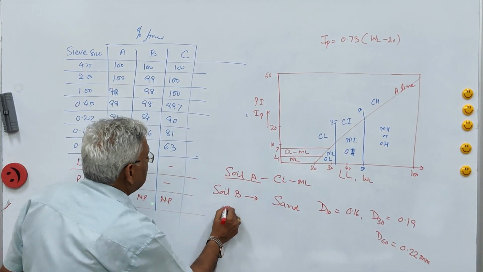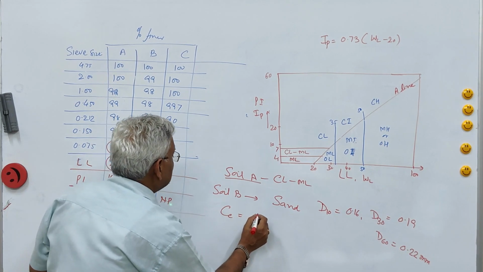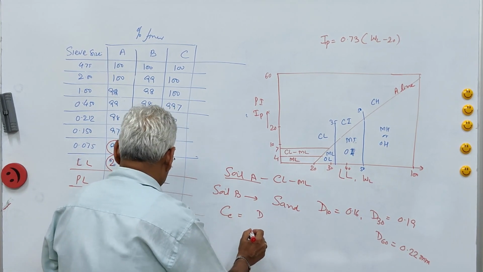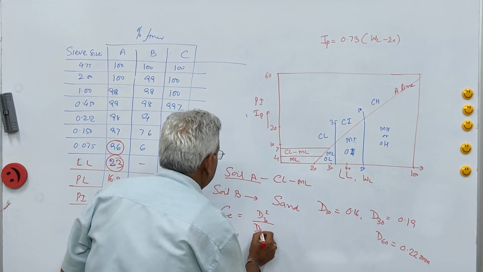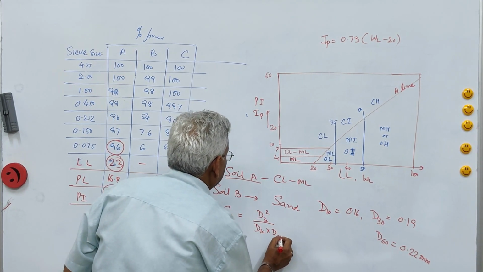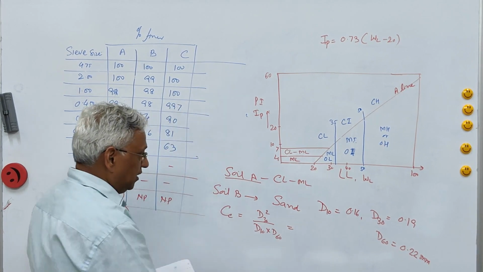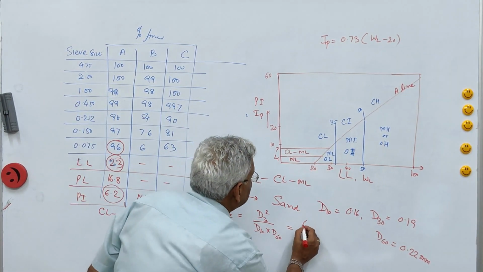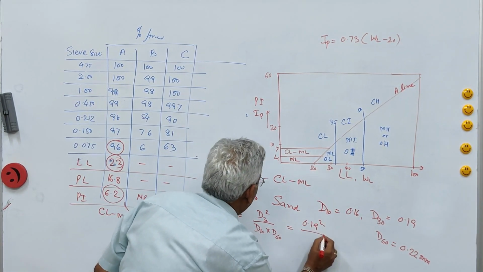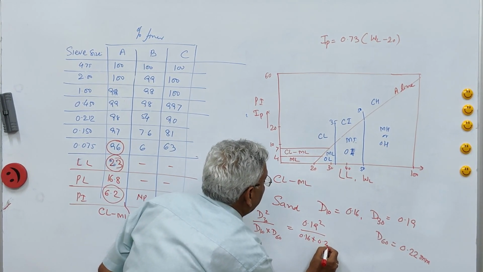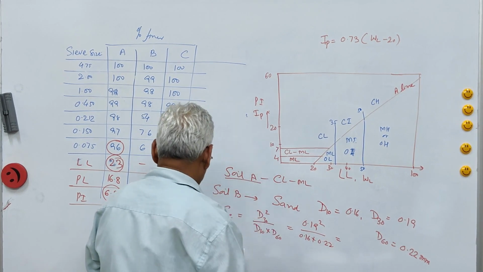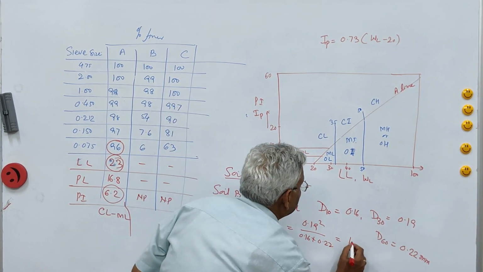Calculate coefficient of curvature Cc, that is D30 square upon D10 multiplied by D60. D30 is 0.19, so 0.19 square upon D10 0.16 and 0.22. This is 1.03.